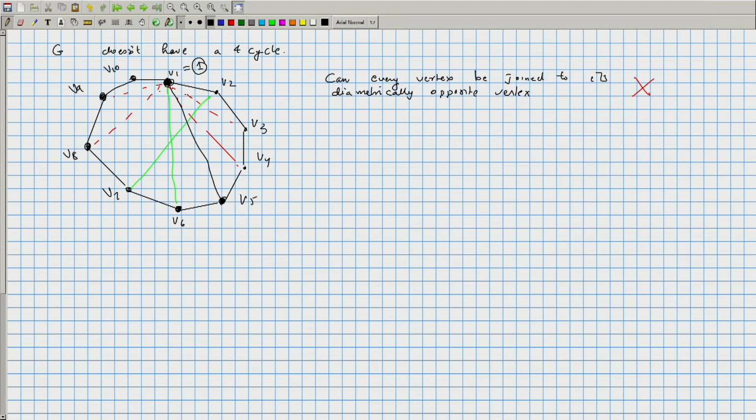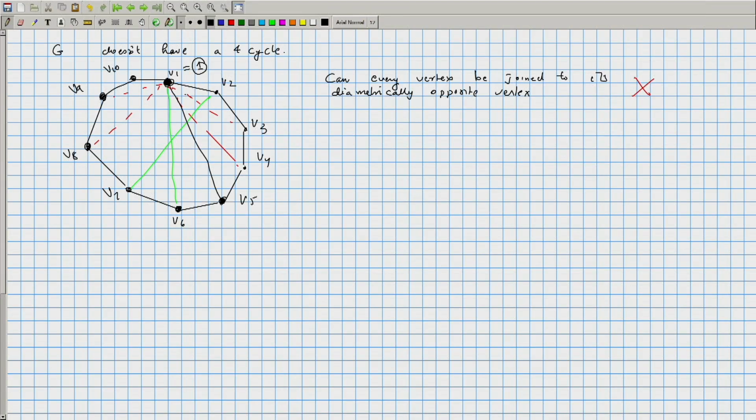Okay. So, our starting point was we assumed that there is a Hamiltonian cycle, and we somehow argued that Hamiltonian cycle has missing edges, and if you look at the starting vertex as 1, its missing edge goes to vertex V5. Okay. So, this is part of the graph.